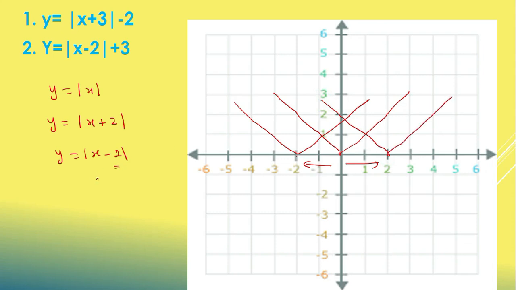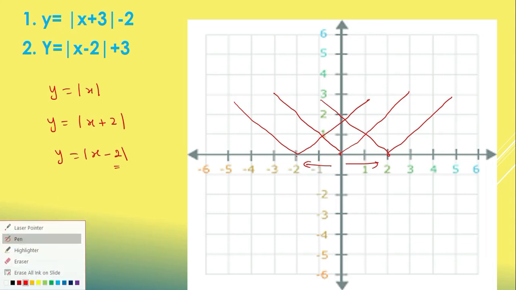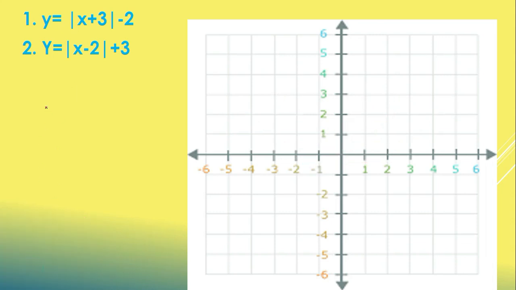So this basic idea will help you to draw graphs of absolute value equations or parabolas, some other functions as well, isn't it? So the concept is you must know the graph of f of x. Then if you add any constant outside, it will move up.